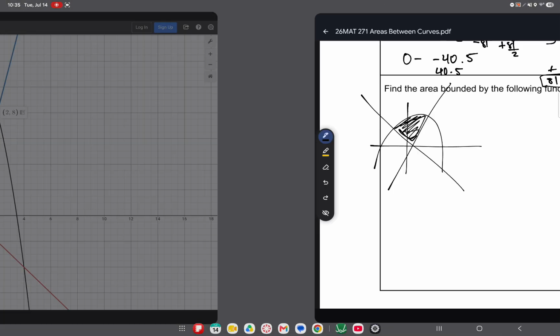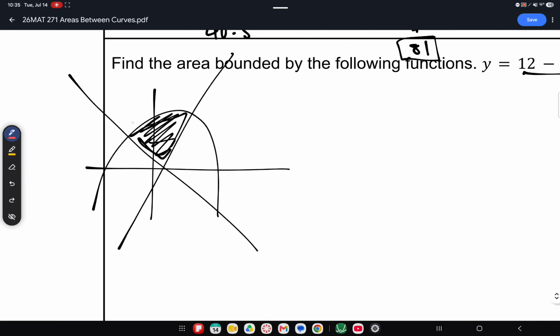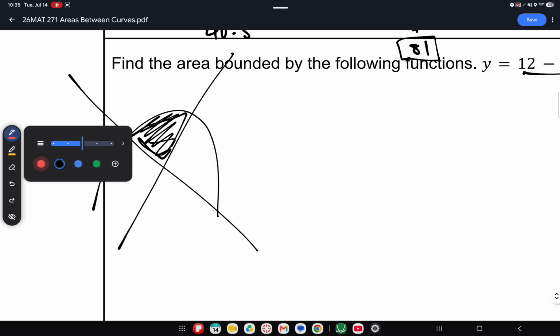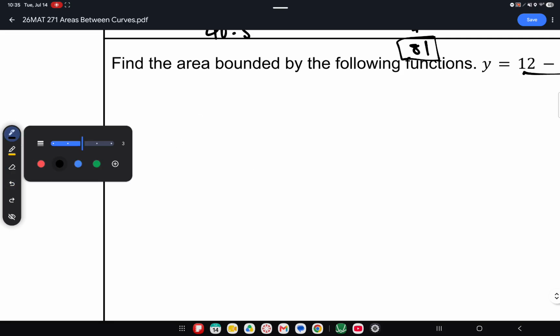Let's go back on my picture. Now this is not the best here. Let's fix that. That looks a little better. Actually, let's just start over.